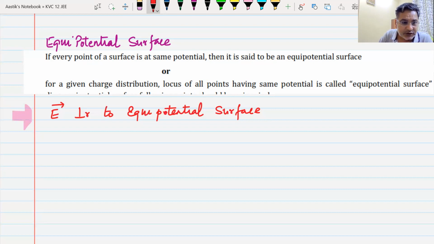What type of equipotential surfaces would be created by various types of charge distributions? What type of equipotential surface will a point charge create?